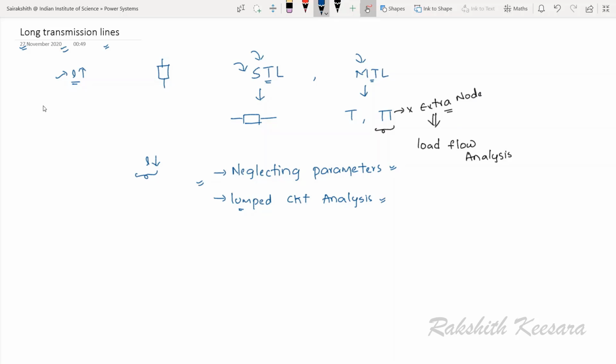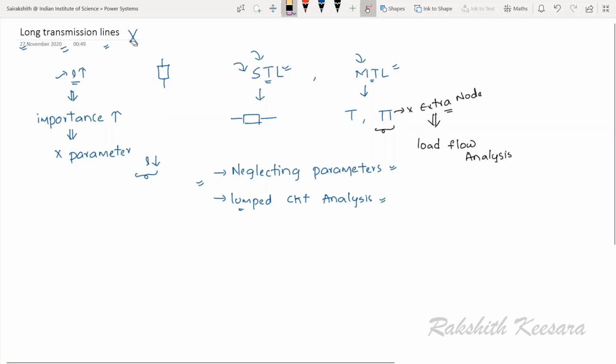We cannot neglect them. So as the line length increases, the importance of parameters increases. That is why we cannot neglect any parameter. So the analysis we did for these two cases is not valid in the case of long transmission line.